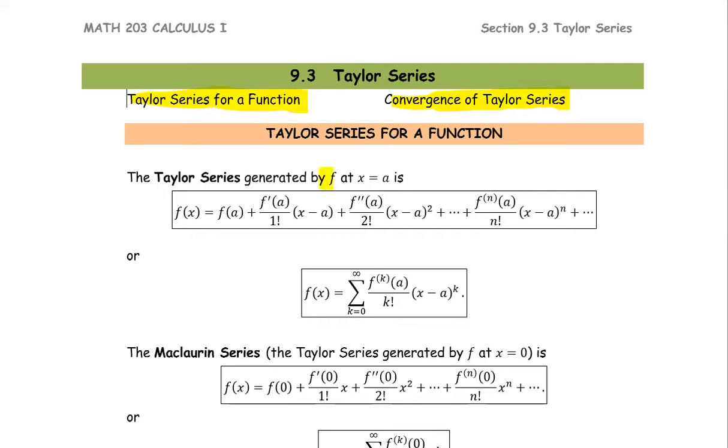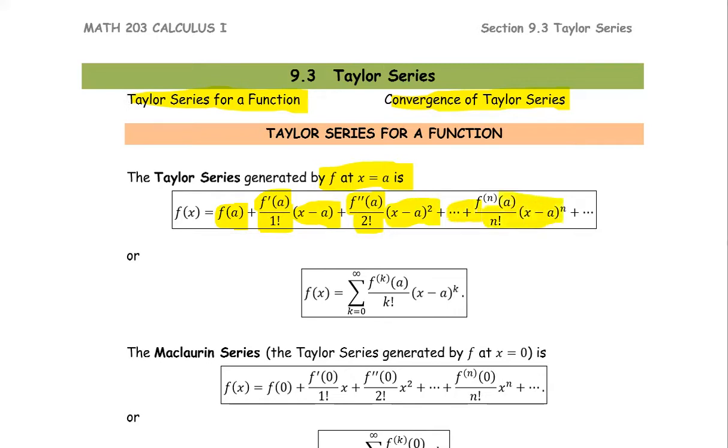For the function f at x equals a, the center of convergence, f of x is represented by f at a plus f prime at a over 1 factorial times x minus a to the first power, plus f double prime at a over 2 factorial multiplied by x minus a to the second power, and keep going in the same manner.